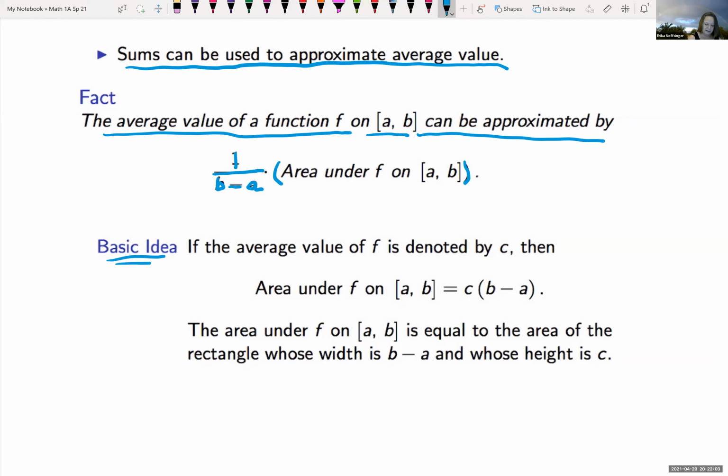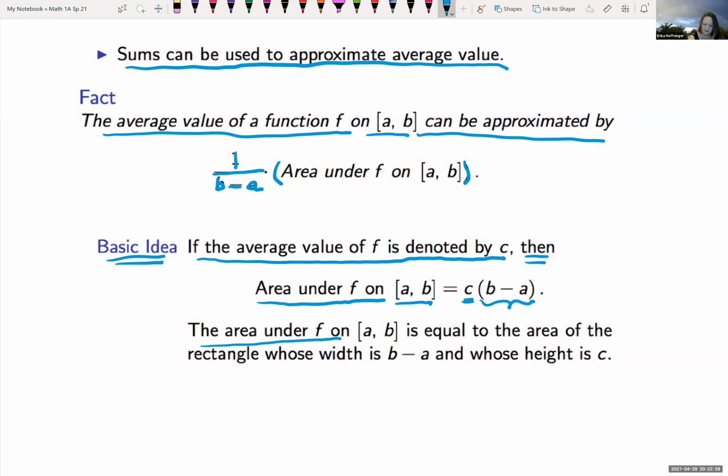So the basic idea: if the average value of f is denoted by c, then the area under f on AB would just be the average height, c, times the length of the base of our rectangle, b minus a.